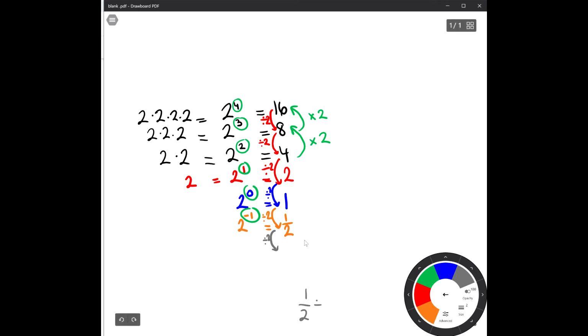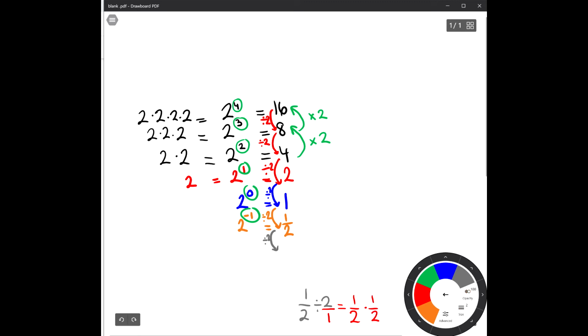1/2 divided by 2, that means we're doing division between a fraction and a whole number. So I will make 2 also a fraction, and any whole number, when we convert it into a fraction, will be over 1. Then we have 1/2 times 1/2.